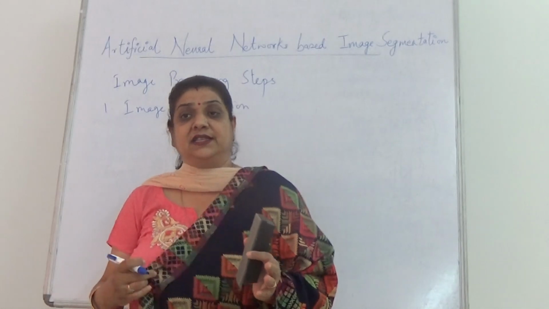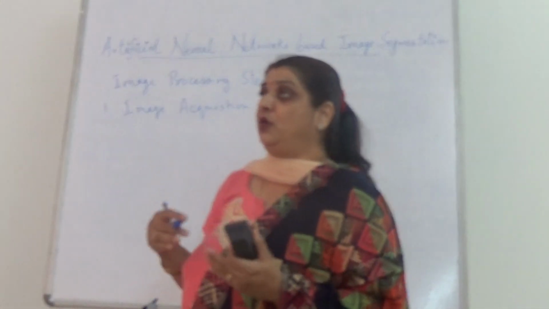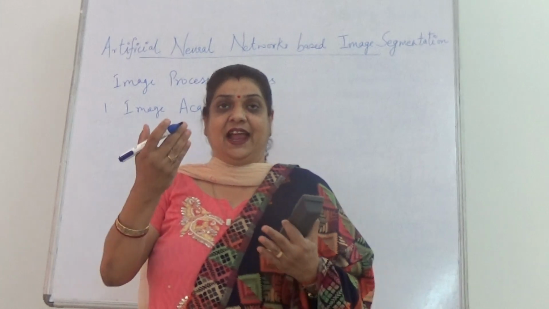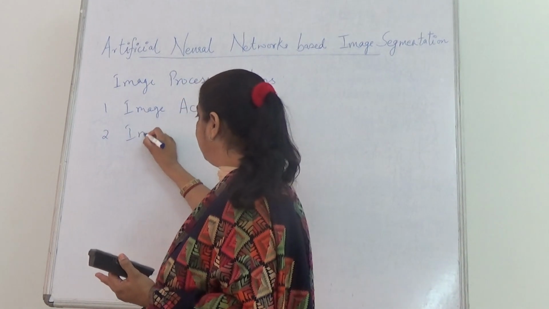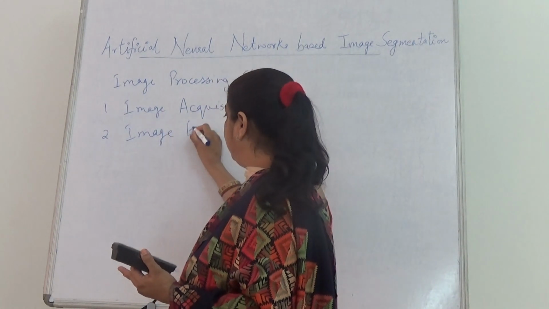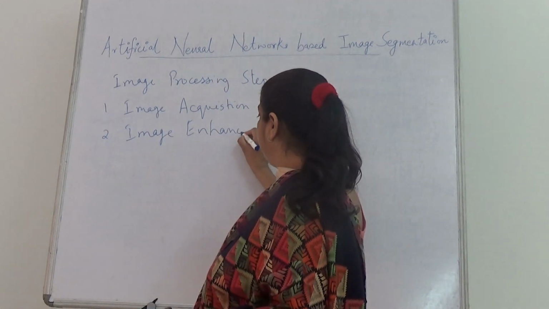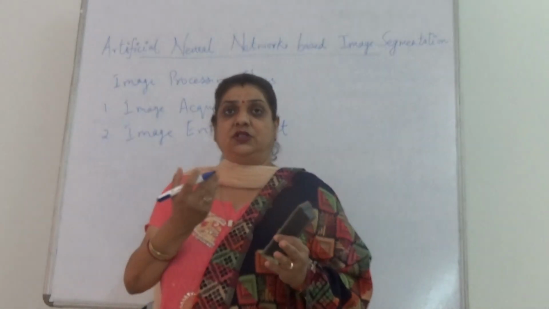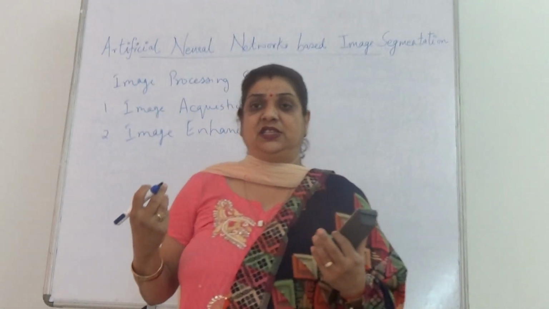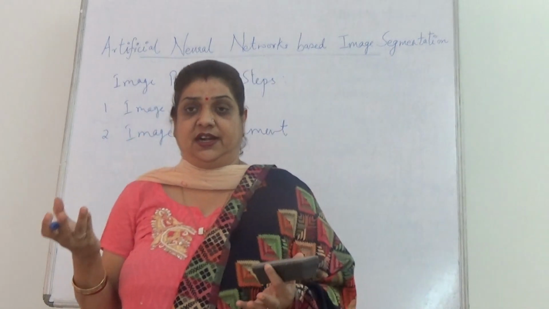Then further, to enhance an image, we need to apply certain noise filtering. So the second step is image enhancement, wherein we can filter out and enhance the image features which we are interested in.